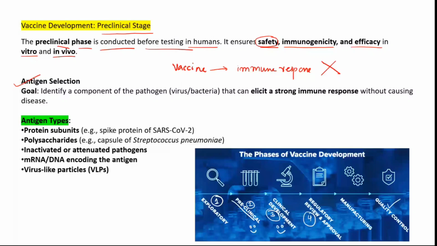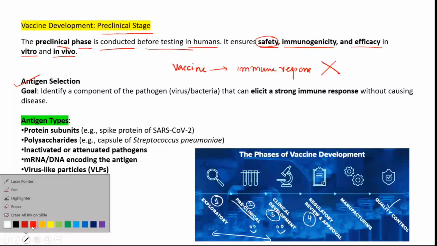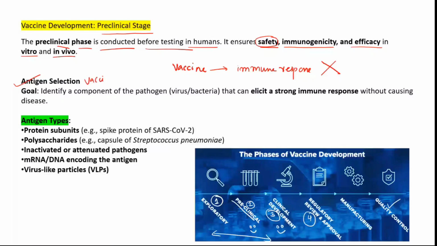The first step, exploration or preclinical, both of these steps first require antigen selection, because obviously we need an antigen which can act as a vaccine. In this we decide which part of the antigen can be taken, and also which antigen, like not just a part but which pathogen we have to take, which can elicit a strong immune response.